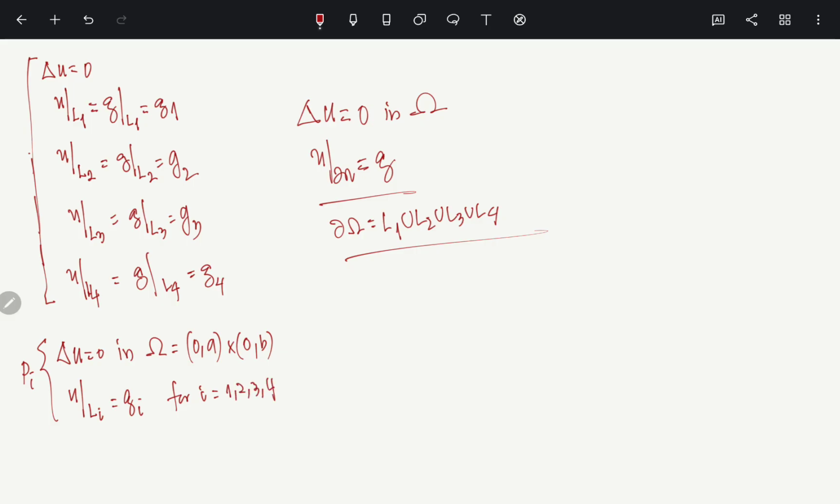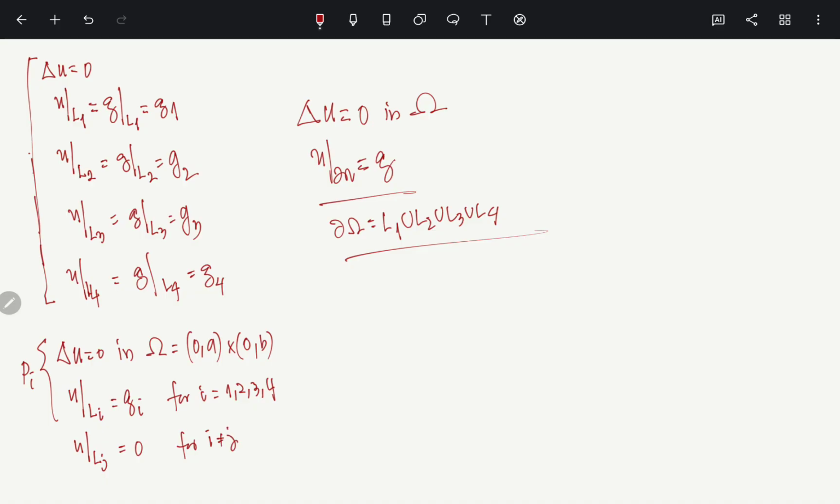So essentially what I am saying is that I am only giving the problem Pi where Laplacian u equals 0 on the inside, and let's say for P1, u restricted to L1 is G1. But what happens to u restricted to the other sides? U restricted to Lj is going to be 0 for i not equal to j.